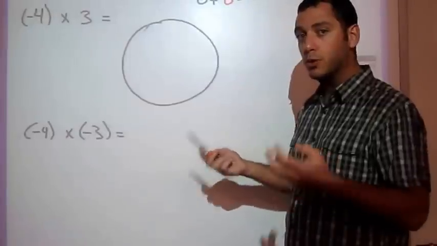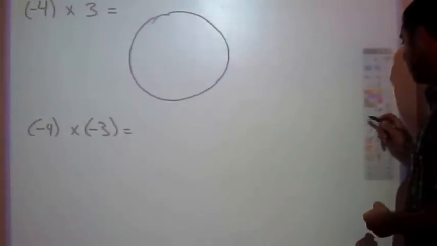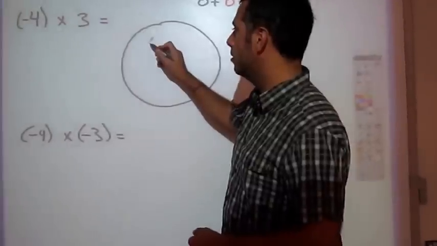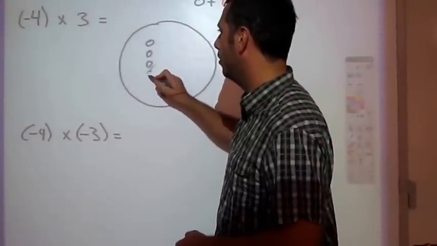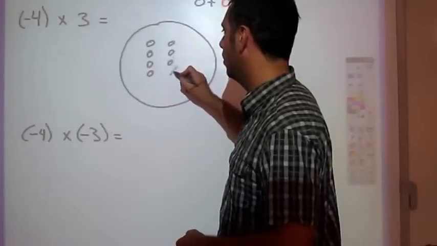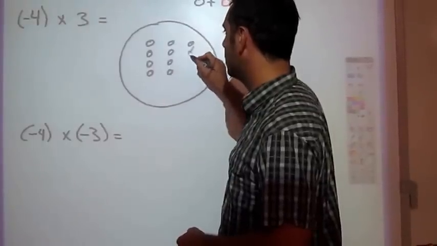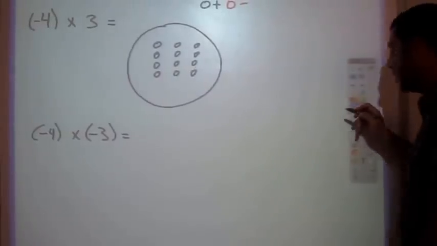In order to withdraw, we must make a deposit first. And we can make deposits that are known as zero pairs. I'm going to add 4 sets of 0 pairs into my bank account.